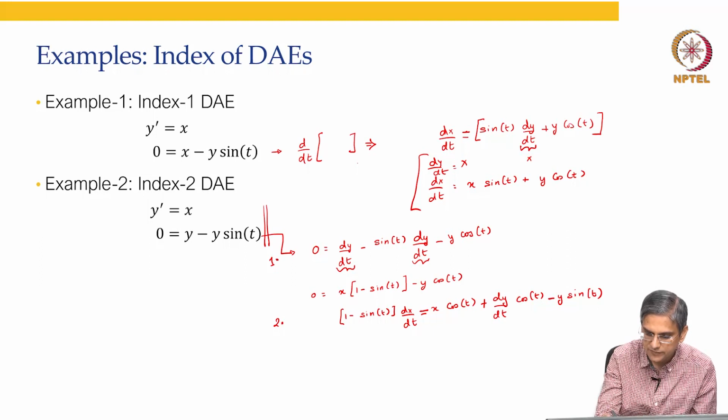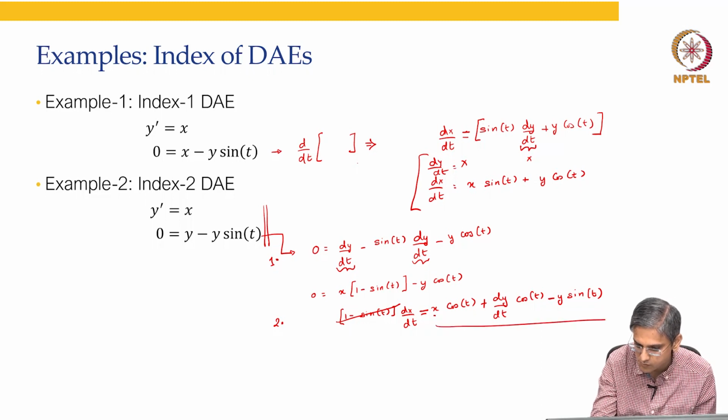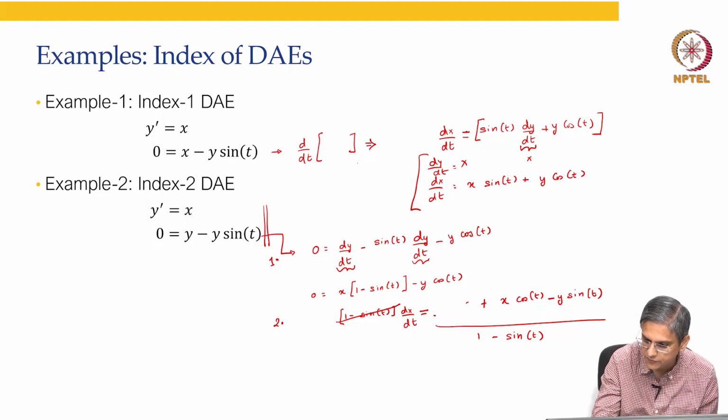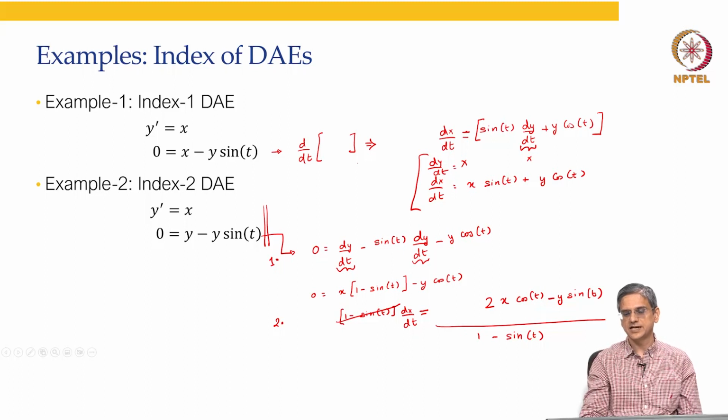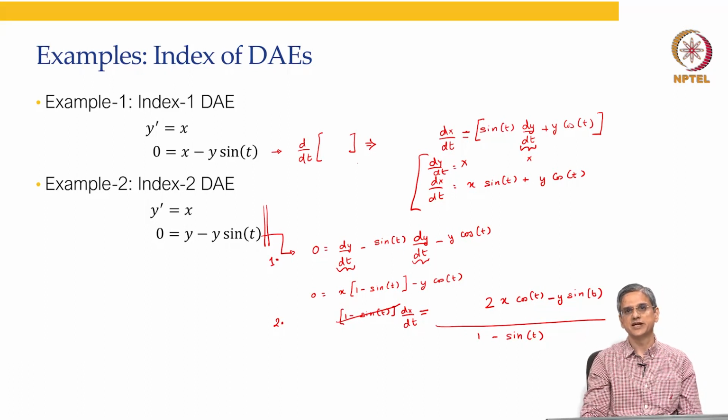And then we can divide it by this term, and dy by dt is replaced by this. And therefore, we will be able to write this as 2 cos t minus y sin t divided by 1 minus sin t is dx by dt.